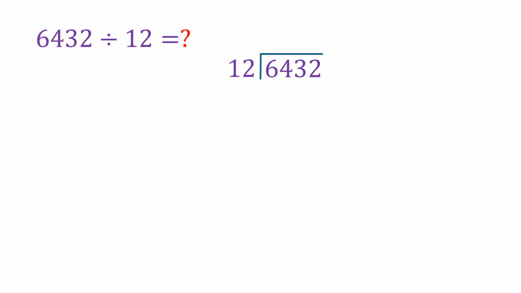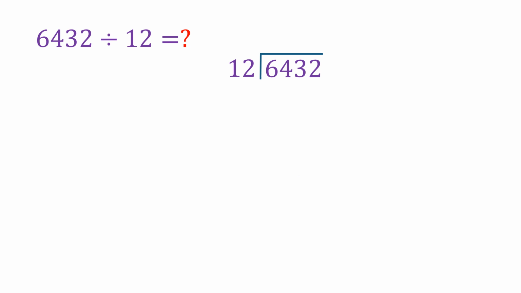We cannot get an exact number that you multiply by 12 to get exactly 64, but at least you can get a number close to 64, but make sure it's not more than 64. So what is that number?